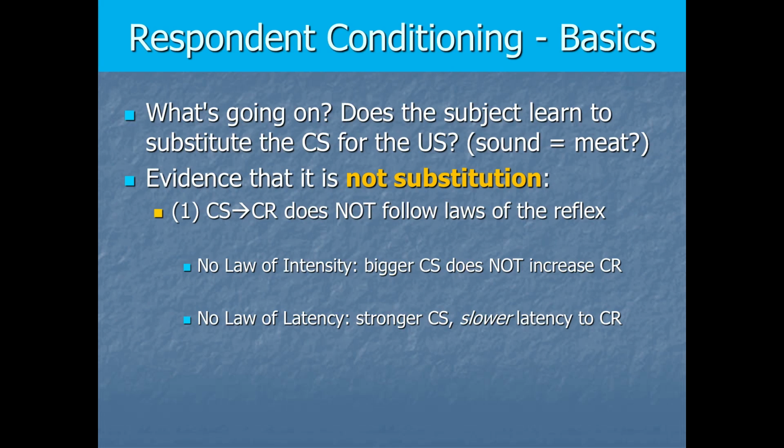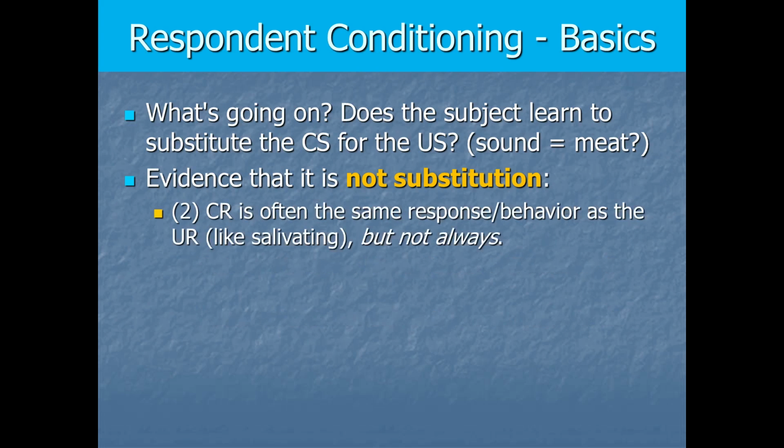In other words, a louder conditioned sound means the salivating is delayed, whereas with the US UR kind of reflex, more meat actually does mean faster salivation. So that's one big reason to think that the CS isn't just acting as a substitute for the US, that's not what's going on in respondent conditioning.